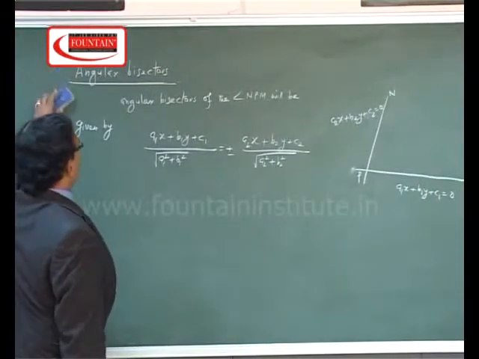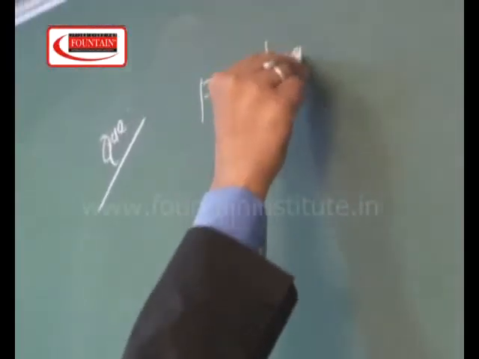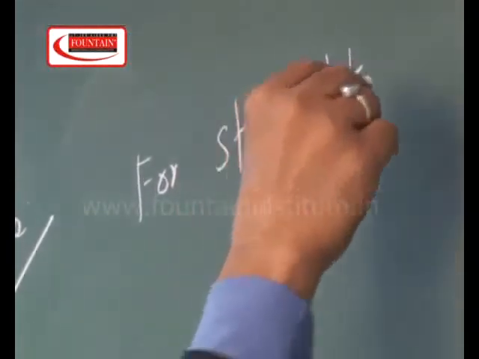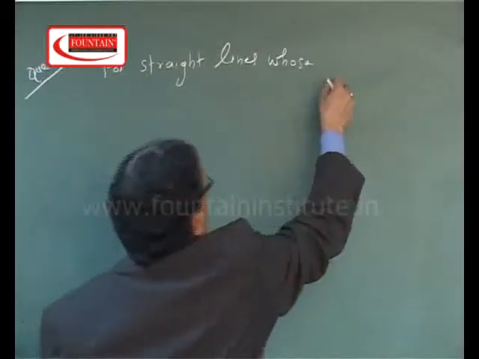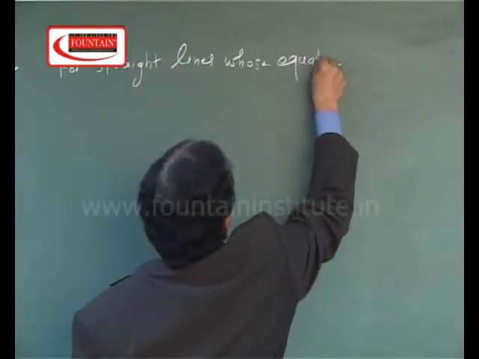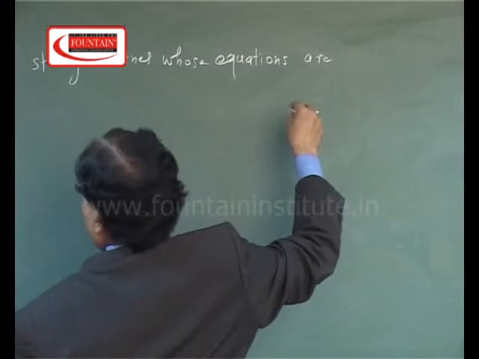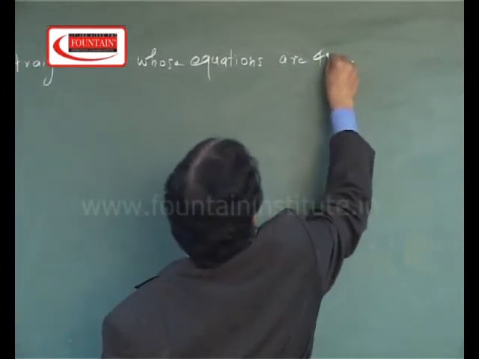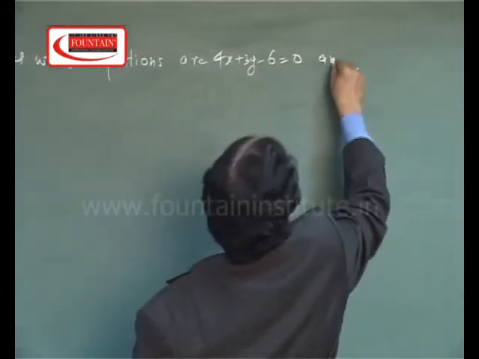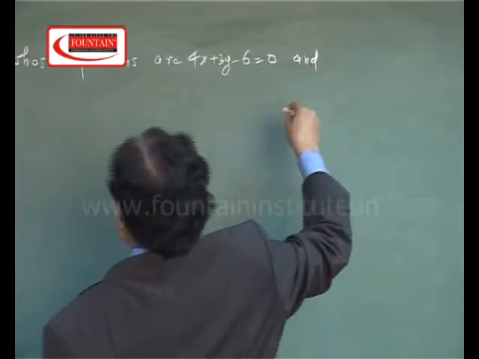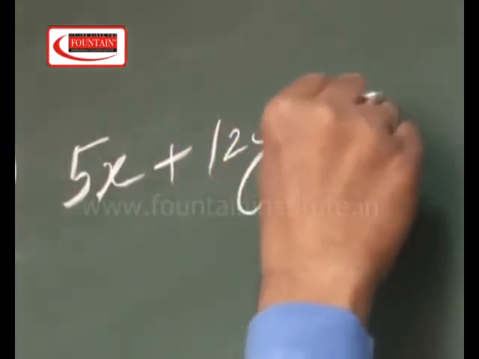The question is: lines whose equations are 4x plus 3y minus 6 equals 0 and 5x plus 12y plus 9 equals 0.